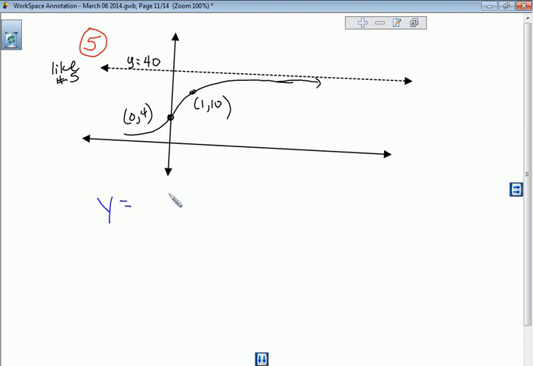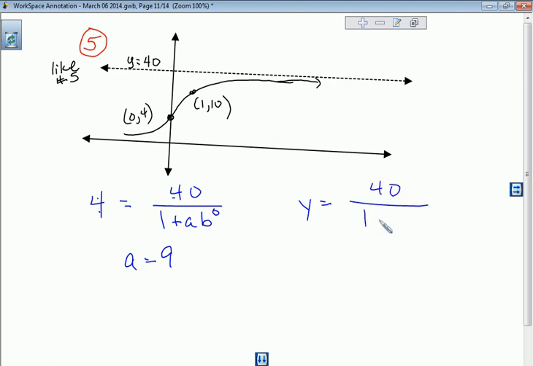So we have y equals 40 over 1 plus a b to the 0, which is 4. I can tell a has to be 9, right? So I get y equals 40 over 1 plus 9 times b to the x.